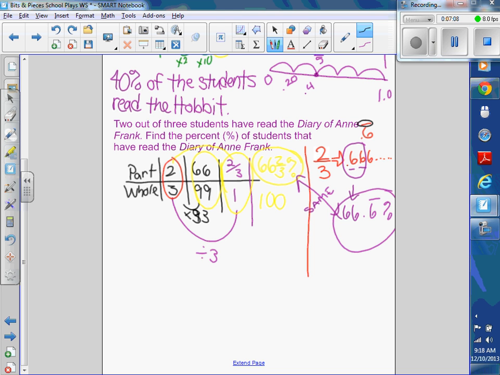So you did 3 times 33.3 repeating. So what you have to do is you have to know that that's 99.9 repeating. When you write that, that's actually 100.